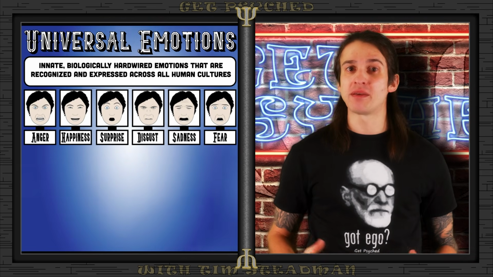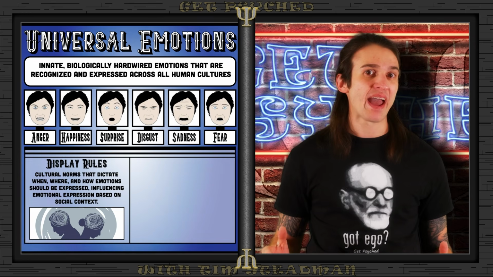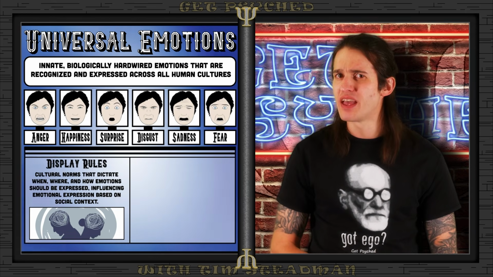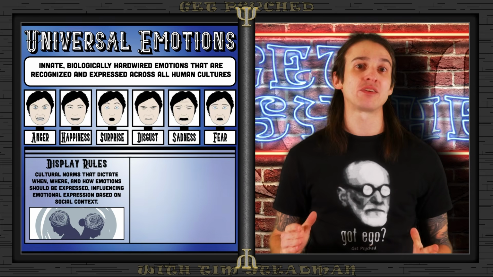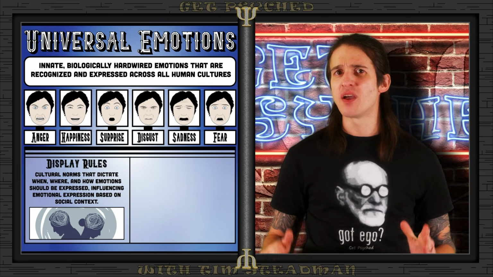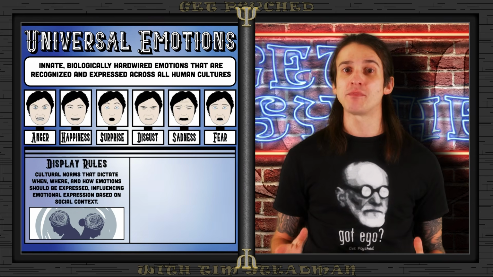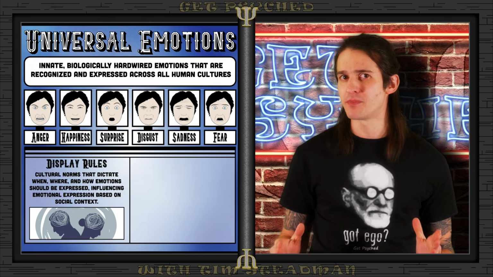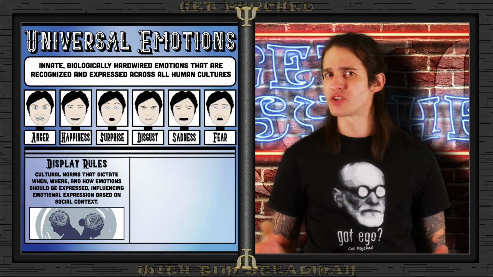But while emotions themselves are universal, display rules, or the social norms about how and when to express emotions, can vary a lot between cultures. In some cultures, it's considered polite to hide strong emotions, while in others, expressing emotions openly is encouraged. In Japan, people may suppress feelings like anger to maintain group harmony, while in the US, it's more common to express frustration directly.